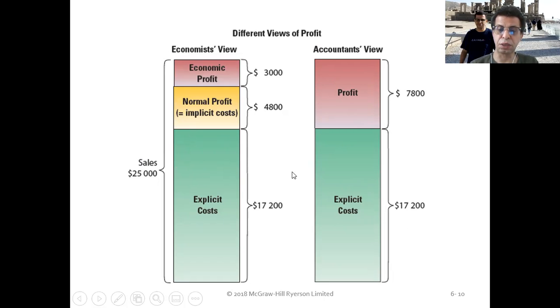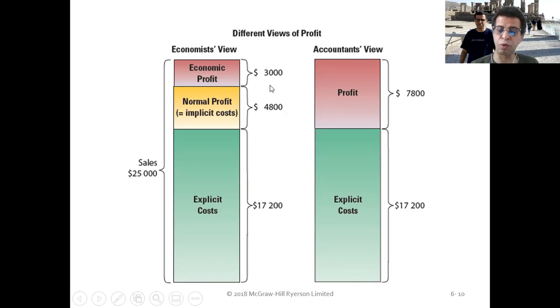There is the same explicit cost here, but there is a part where you have put some work, but you didn't draw any salary for yourself, or you brought your family to work there. So that's another $4,800, plus maybe the opportunity cost that you lost. You could have had your money in the bank, all these things. So your economic profit here is only 3,000.